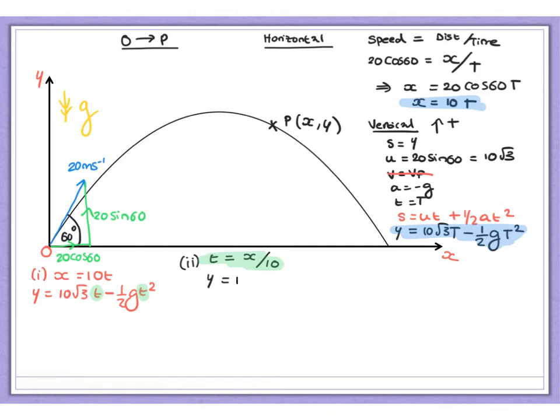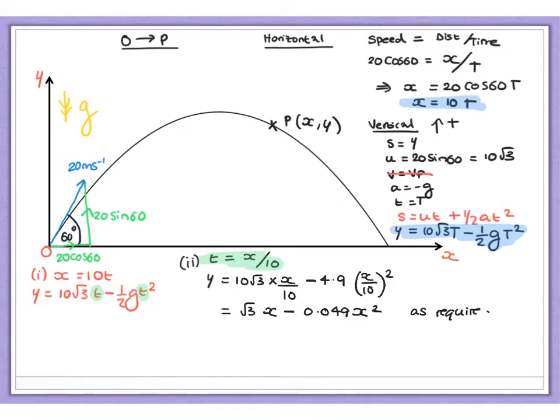So y is equal to 10 root 3 multiplied by x over 10 minus 4.9 multiplied by x over 10 all squared, and this comes to root 3 multiplied by x minus 0.049 x squared, because 4.9 divided by 100 is 0.049, and that is what we were required to get to.